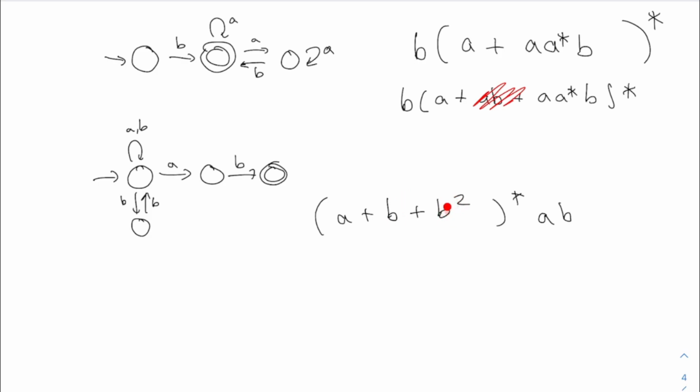Actually, even the original NFA is redundant in that sense because rather than going B, B, I could just go B, B up here on the loop, right? So for that reason, you don't need this right here. So it's not wrong the way I wrote it the first time. It's just there's some redundancy in the regular expression.